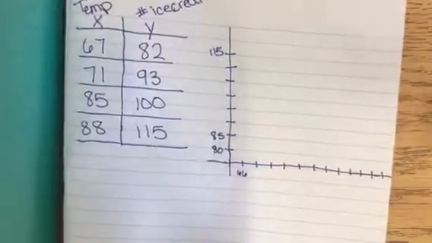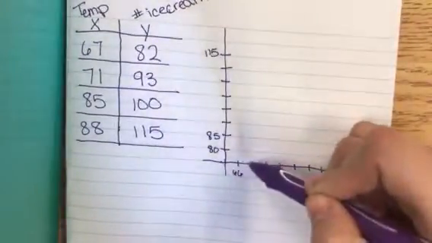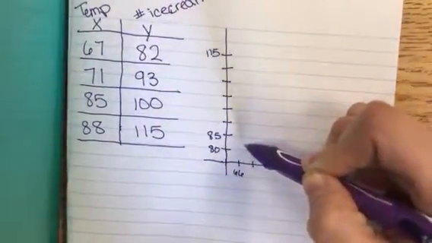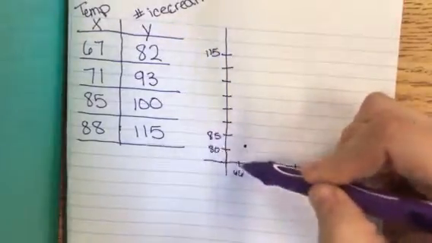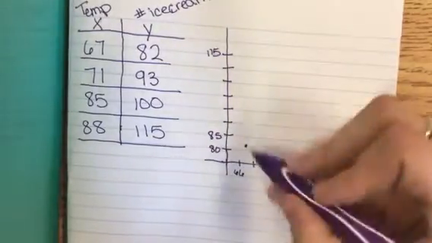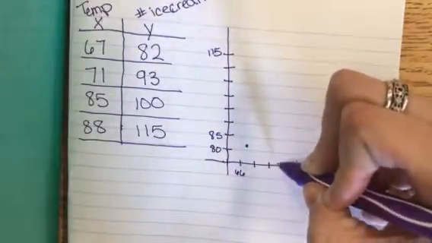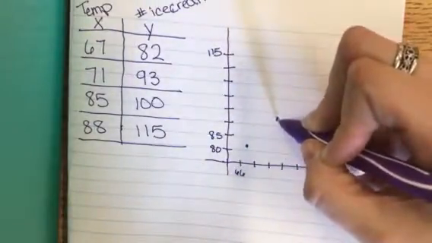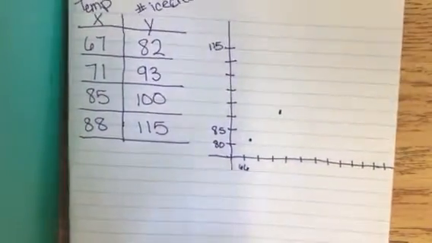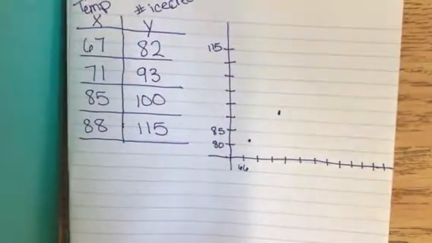And then I can go through and plot this data. So I want to make the point 67, 82. Then 71, so this was 66, 68, 70. So if I want 71 in here, I want 71, 93. So maybe somewhere up here. Again, it doesn't have to be perfect, just enough that we can get an idea of what's going on.